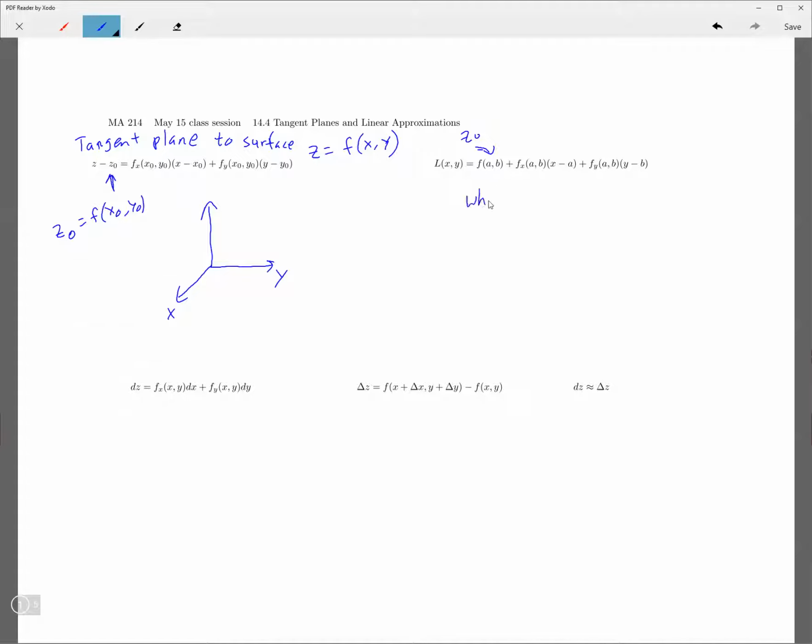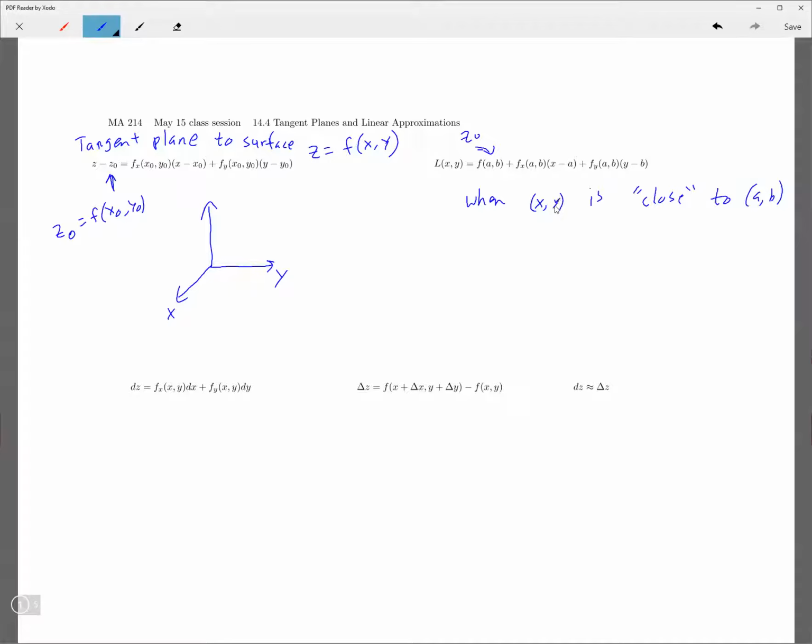So when x, y is close to a, b, in this case it's a, b, and over here it's x naught, y naught, right?